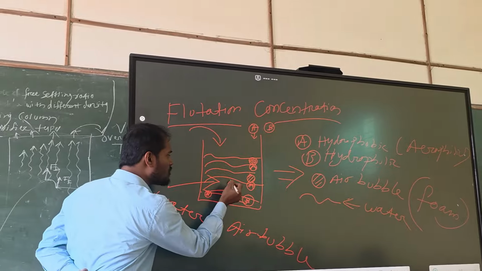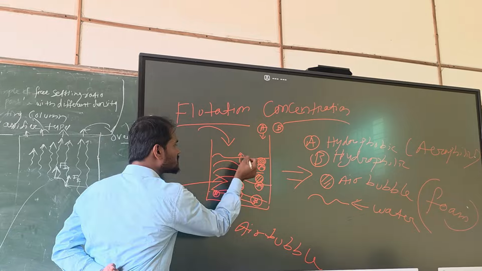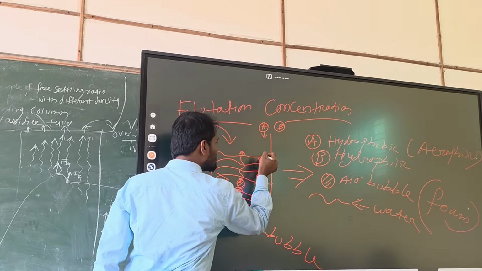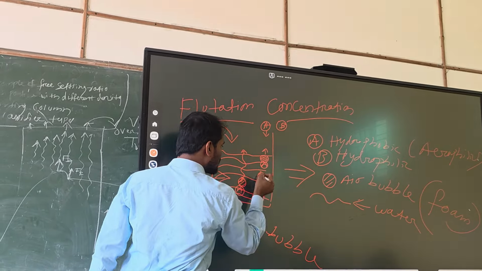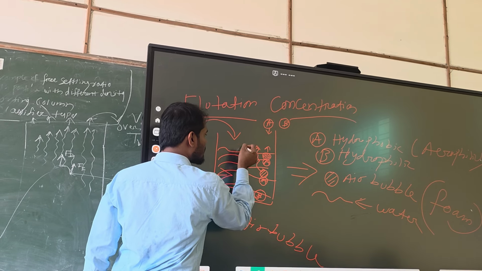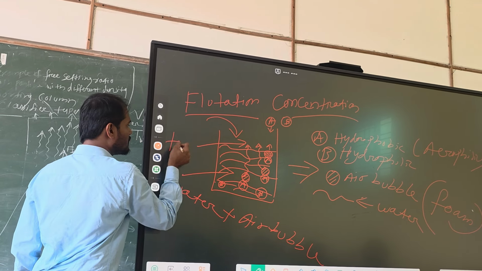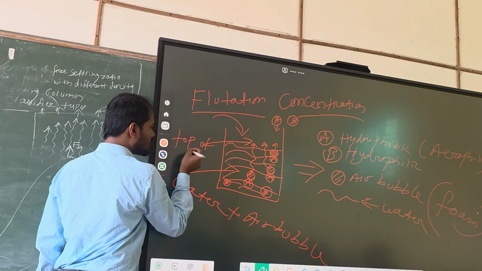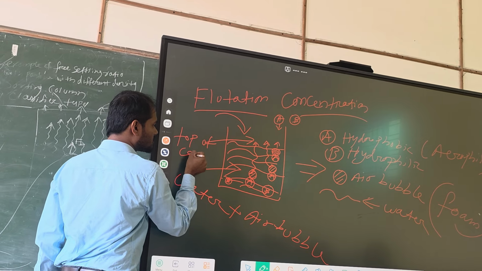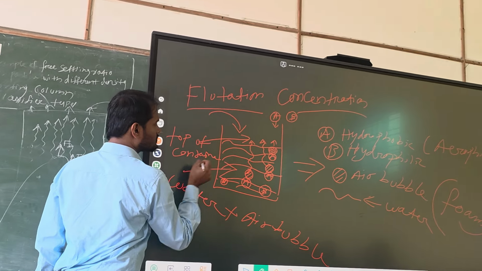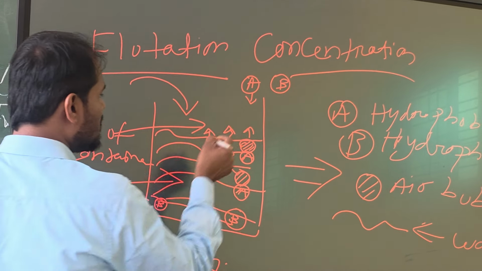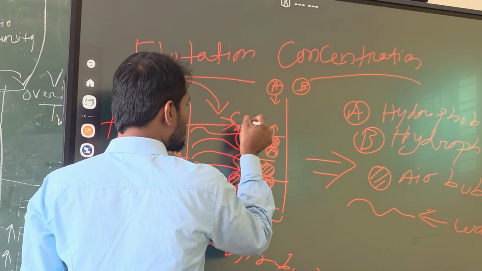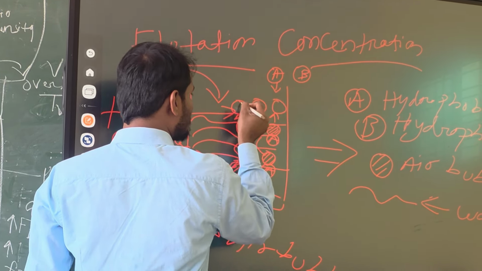So at the end of the day, this will move like this and reach here. This already reached, and this will also go and reach here. So finally you have these, and these are the A.